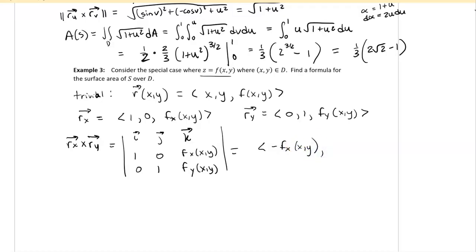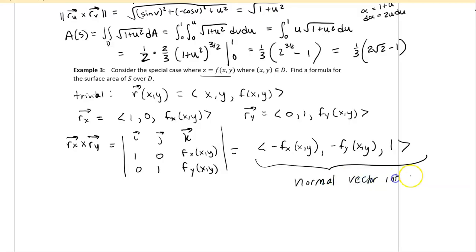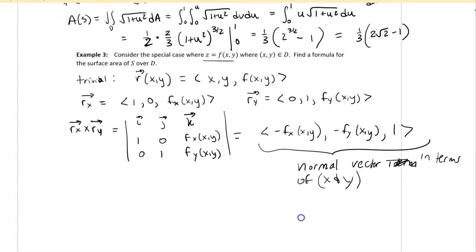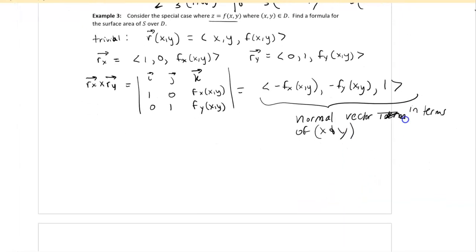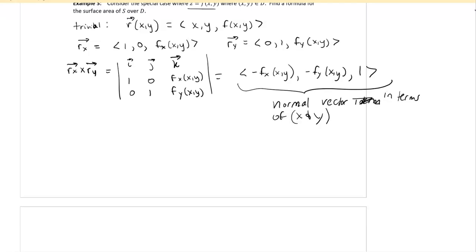Then our middle component is going to be 0 minus the partial of f with respect to y. And then our last component is going to be 1 minus 0. So that is our normal vector in terms of x and y. You're welcome to remember how to get that. That might save you a little bit of time doing cross products.